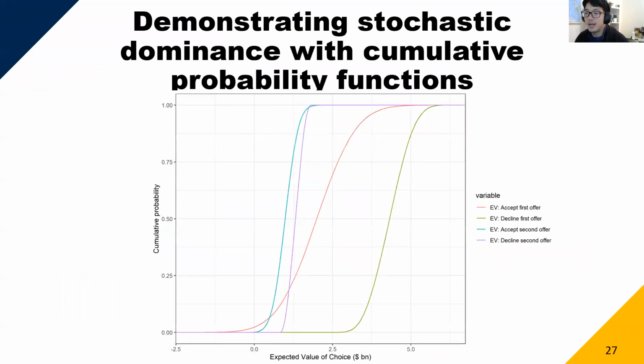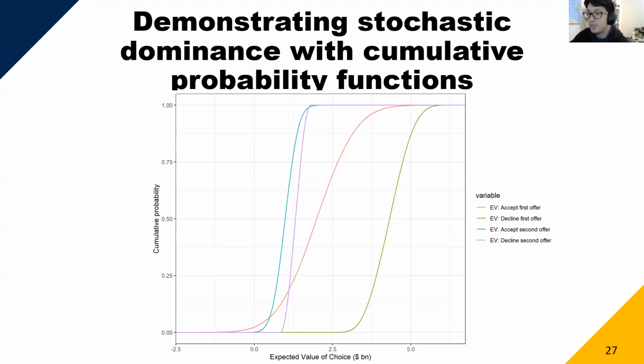Essentially, you create cumulative probability functions. So if I were to plot this exact same plot that we just showed from before, except that now I arrange it as a CDF, you can see how those distributions look.